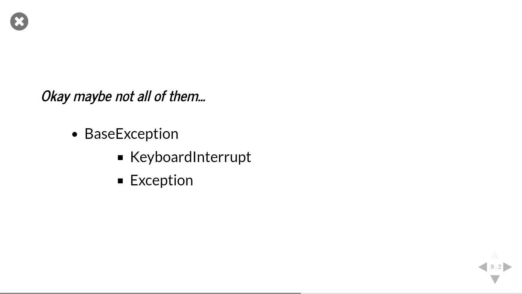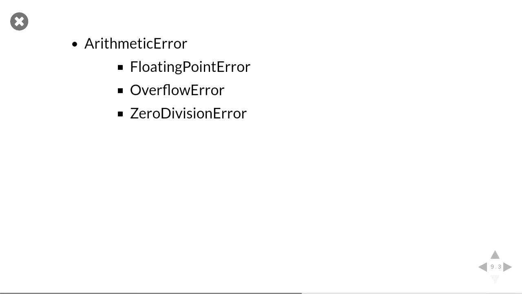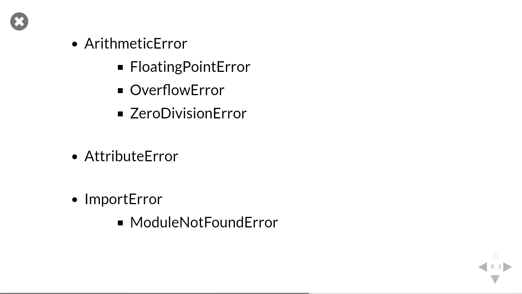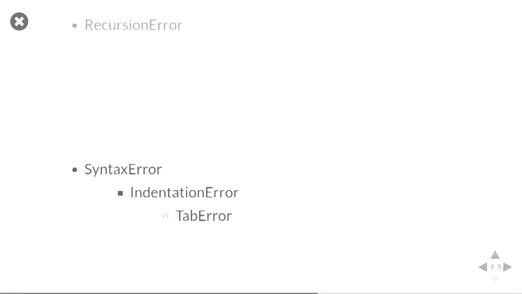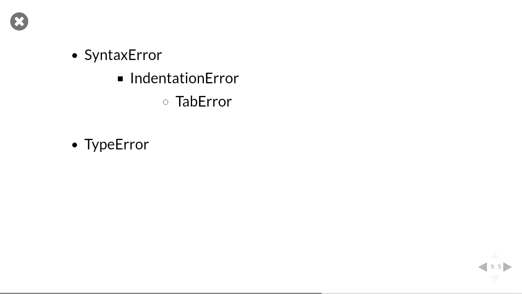For example, we have an exception and a keyboard interrupt. Then arithmetic error will come from exception, and inside it will contain 0 division error. And again, we have a lot of other errors as well, like lookup error, name error, recursion error, syntax errors, and so forth. The point I'm trying to make is that all these are children of errors from before.